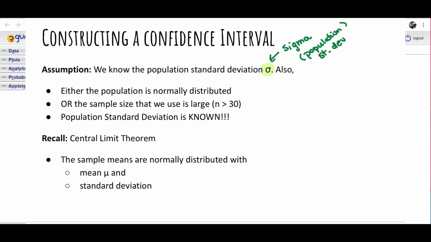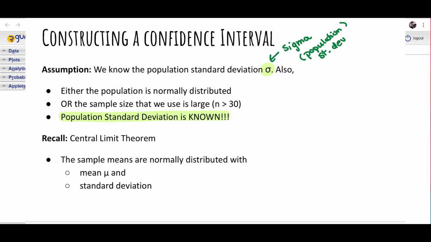If that is given, if that is known, if the population standard deviation is known, and either the population is normally distributed or the sample size is bigger than 30, you are going to use the procedure that you're learning in this video.